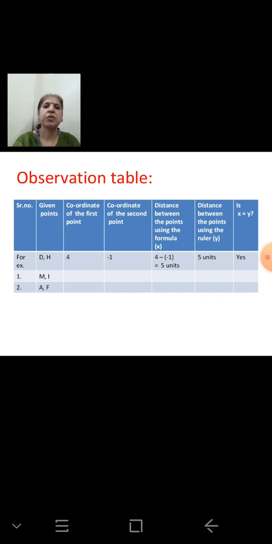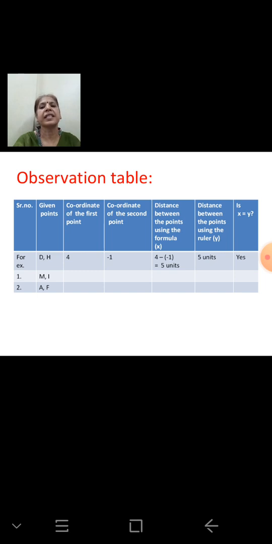So we have to use the coordinate formula to find the distance between the given points. Then we will find the distance between the points using the ruler. And then you are going to observe, is the distance same? Is x equal to y? If you are getting both the distances same, if the lengths are same, it is yes.